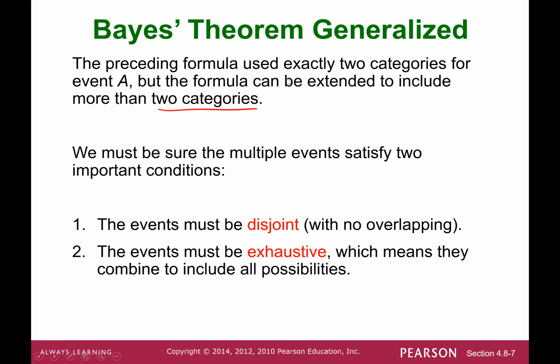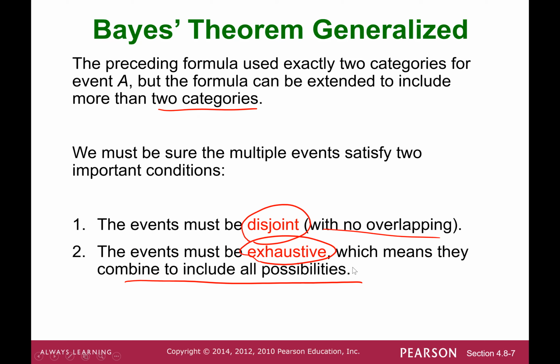And we just want to make sure all those multiple events satisfy two important conditions. Events are disjoint, meaning they do not overlap each other. And also events must be exhaustive. Means they combine to include all possibilities.